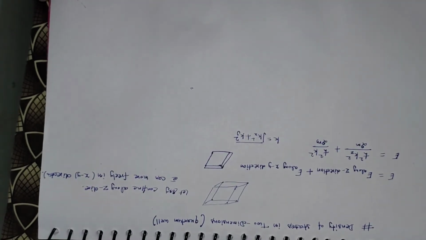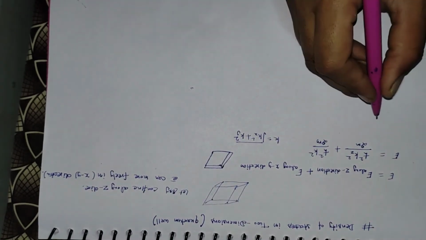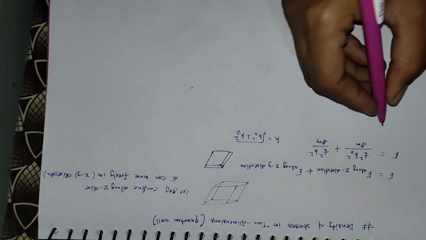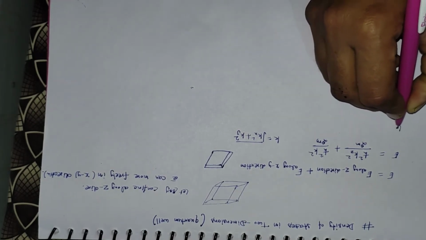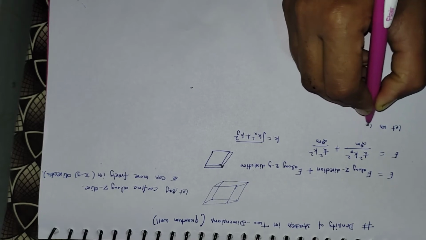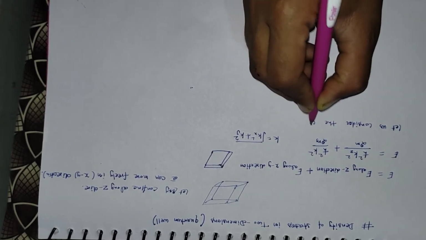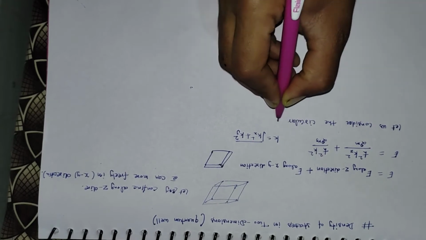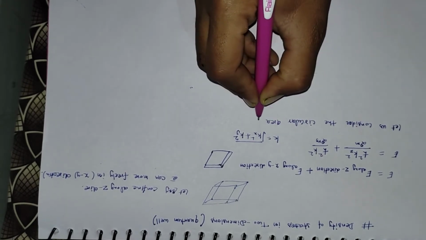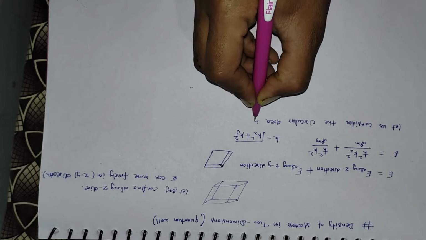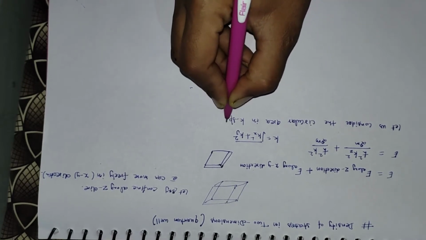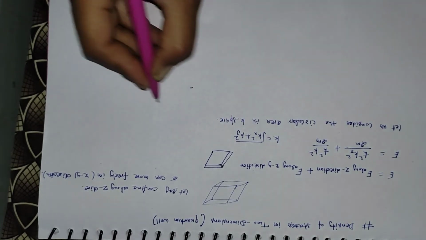Let's consider, because in 2D we have considered the circular area in K space, the circular area in K space of radius k.